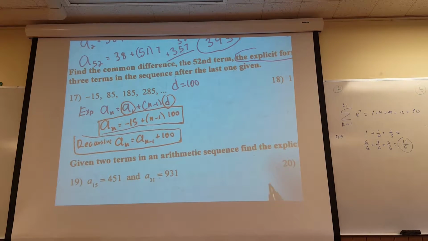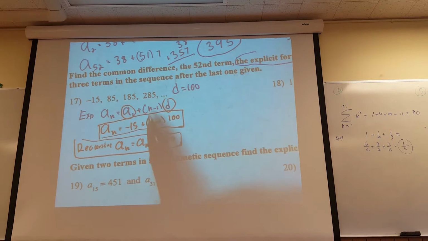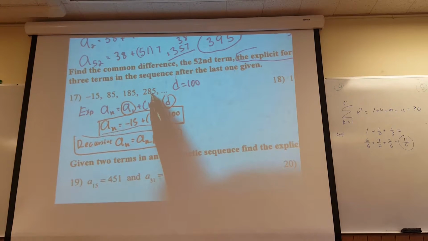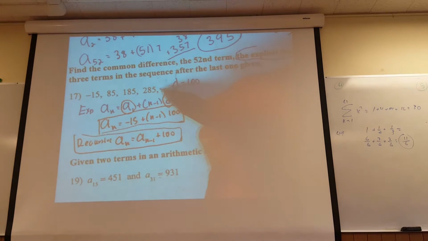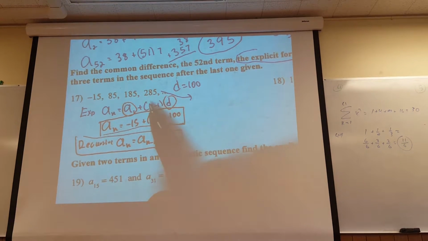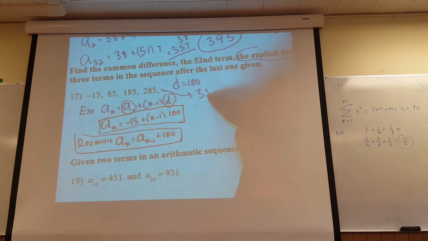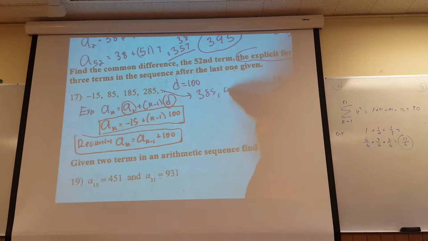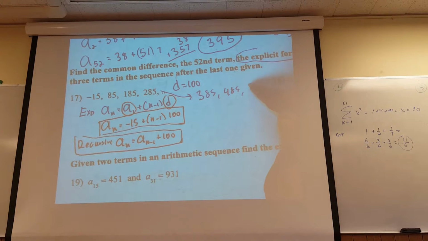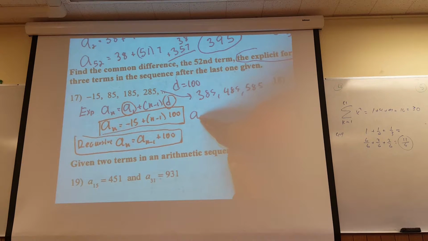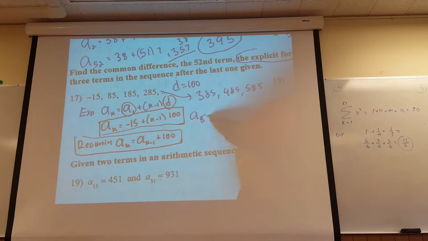Now, I need to find 3 terms after 285. So the next 3 terms, what would be the term after 285? 385. And then it's going to be 485 and 585, correct? Okay, and what is going to be the 52nd term?